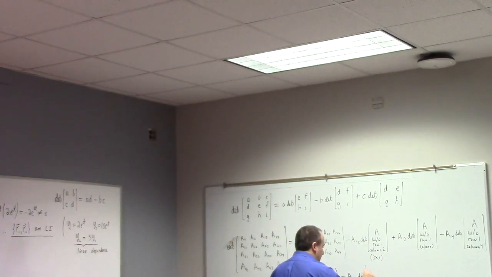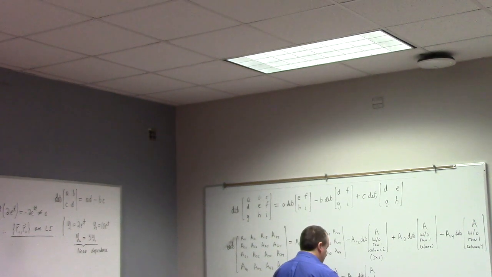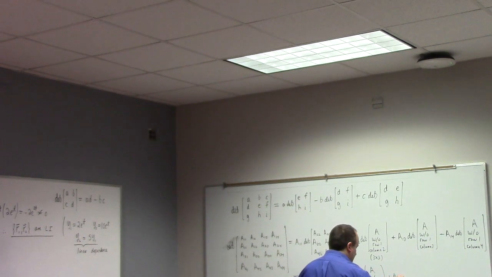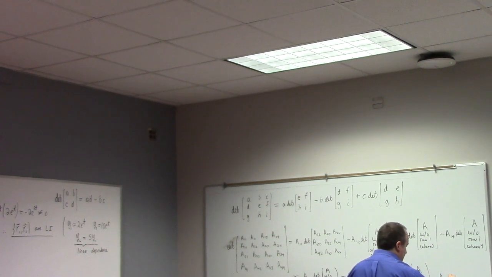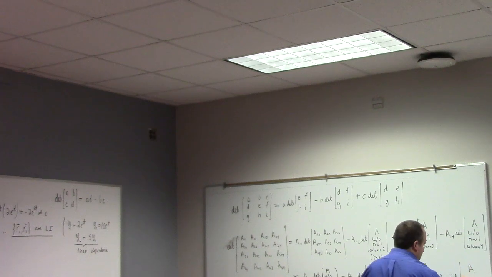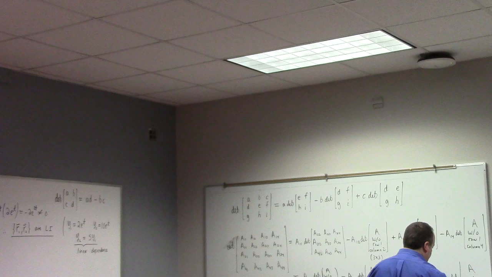Okay, so this is A without row 2 and column 3, and then plus A33 times the determinant of A without row 3 and column 3, minus A43 times the determinant of A without row 4 and column 3.